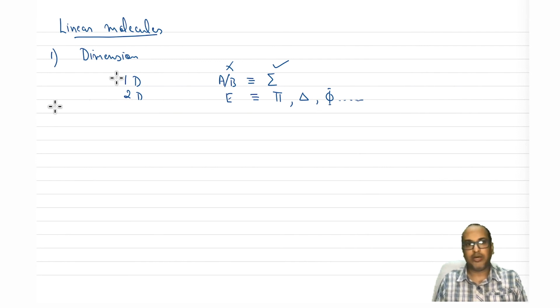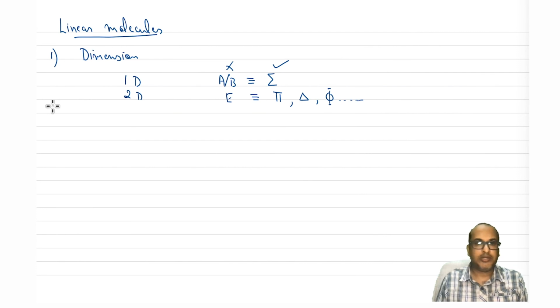So there are only one or two dimensional representations in the case of linear molecules. 1Ds are denoted by sigma, and 2Ds are denoted by pi, delta. Because these are mostly infinite point groups, you keep on having more two-dimensional representations.